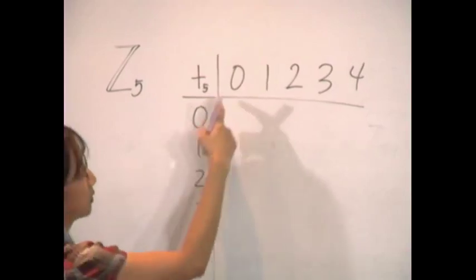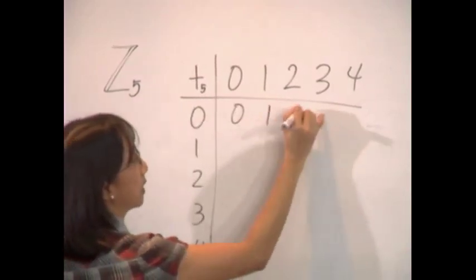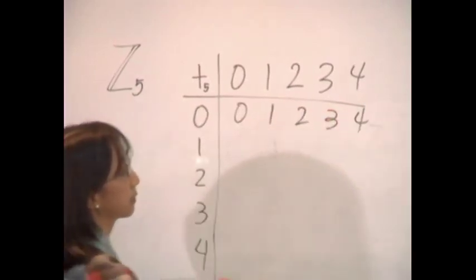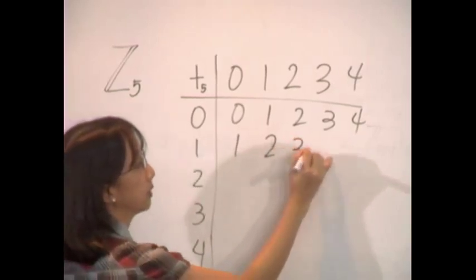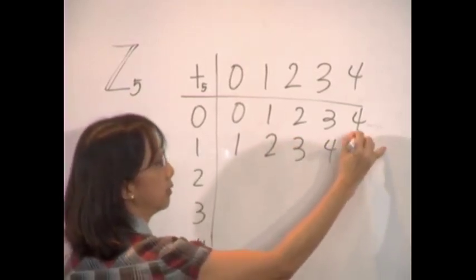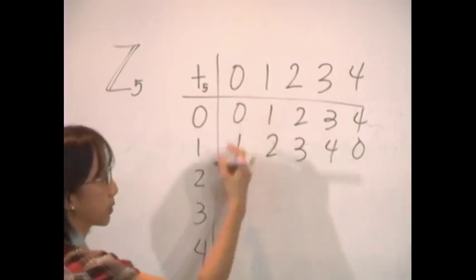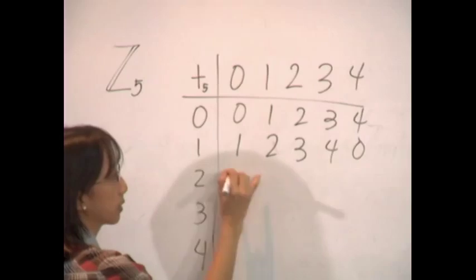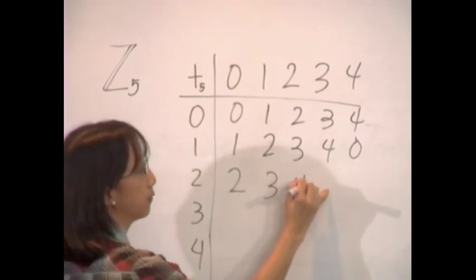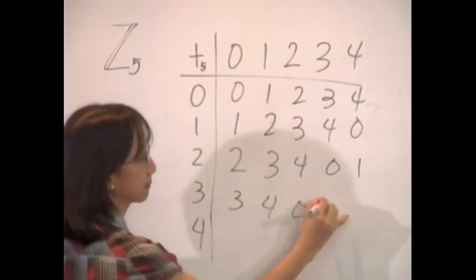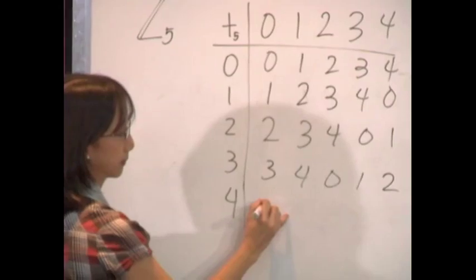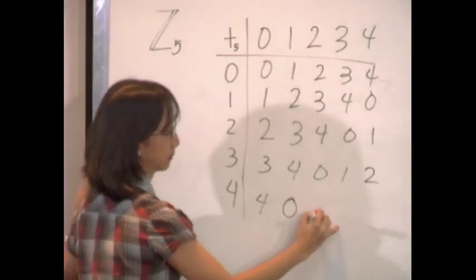0 added to this will give you the same set of numbers. If you add 1, you start with 1. You'll get 2, 3, 4. What's next? Do you see a pattern on how to construct the table? Yes, you start here with 2, 3, 4, 0, 1. Here, 4, 0, 1, 2, 3.